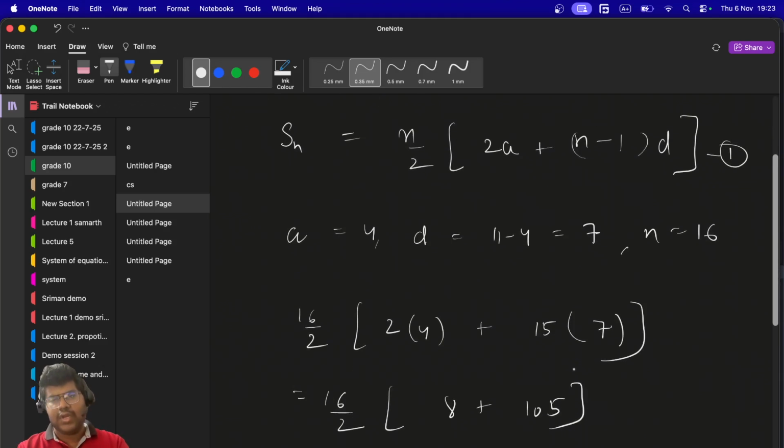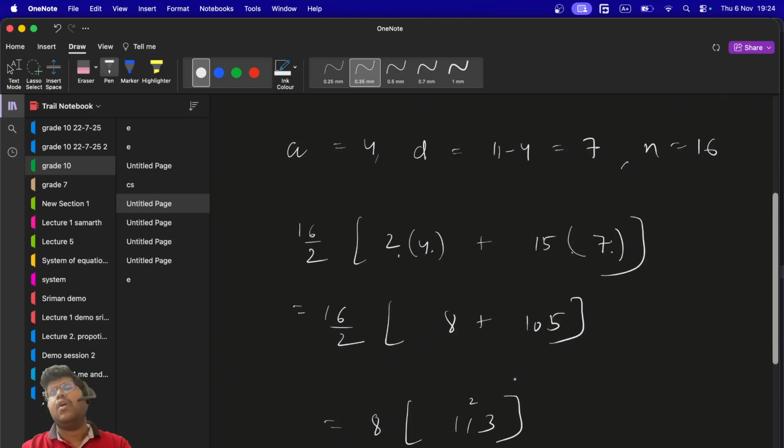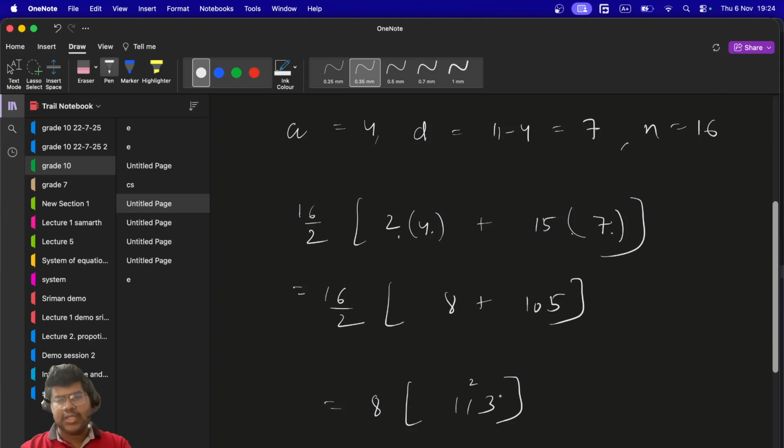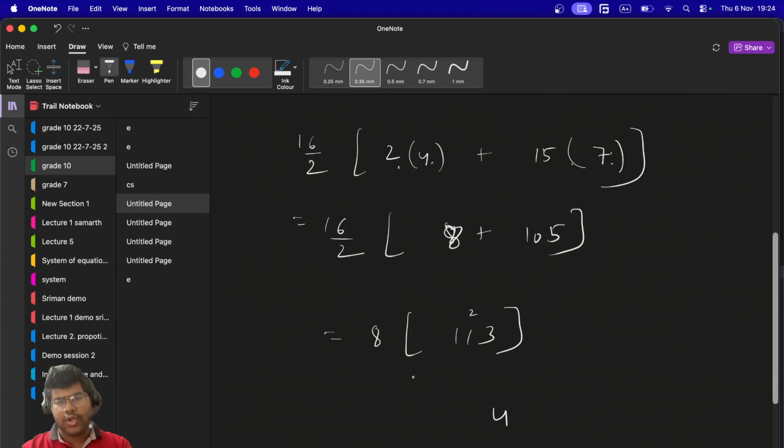So then 15 times d is 7, right? Okay, so we have solved this. So we got 16 over 2, 4 times 2 is 8, 15 sevens are 105, and then 2 fours are 8, right? So then we got how much?